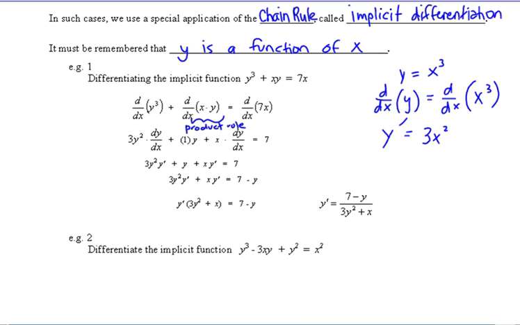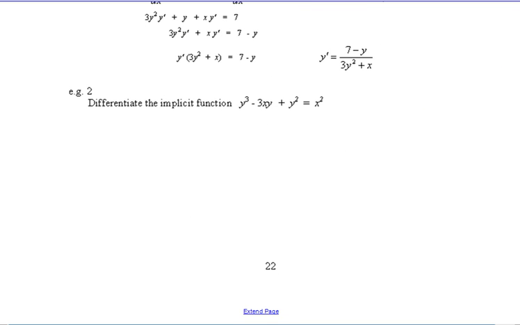So let's try an example. Good old implicit differentiation. It's so awesome. Okay, so the derivative of y cubed is 3y squared times, because we're differentiating y, the derivative of y, which is y prime. So every time we differentiate y, you have to multiply it by y prime.